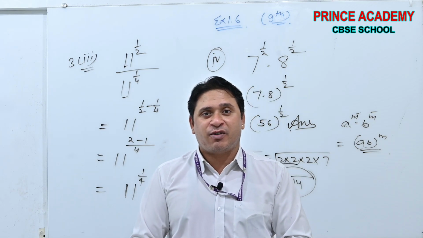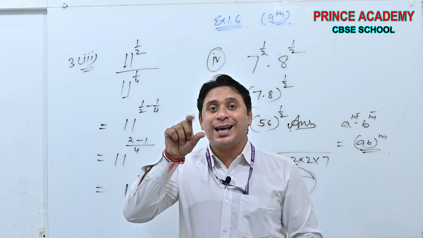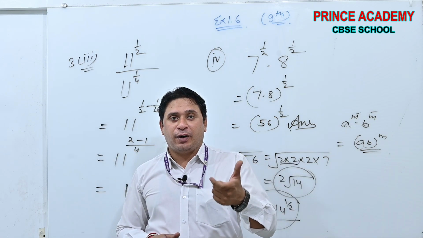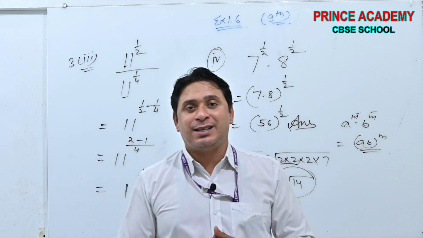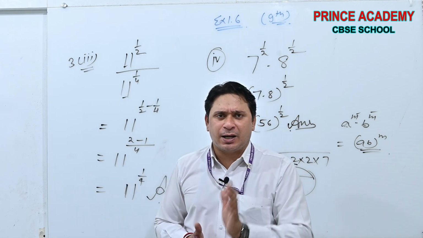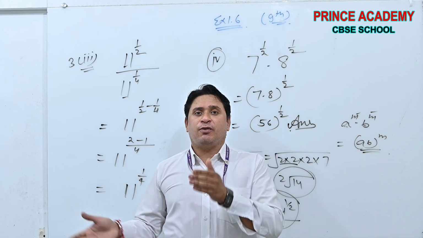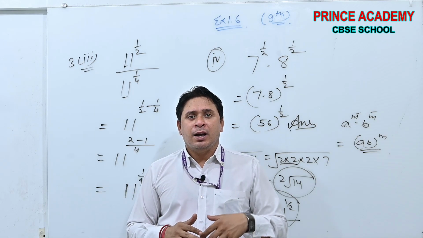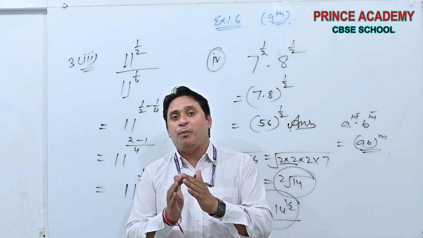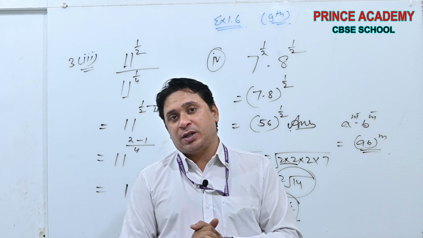One thing, I was very disappointed beta, 2 students were fighting in the comment section. There was one video of mine for 10th class, and one student commented, whatever he or she commented, I do not know who the student was, and then another student came there. I know those 2 persons are students of our school, and they both started to fight and use abusive language for each other.